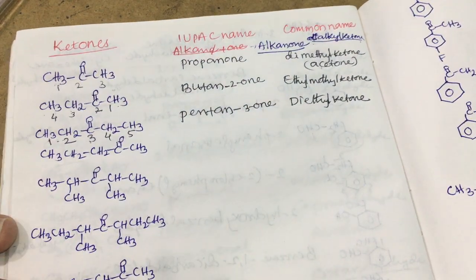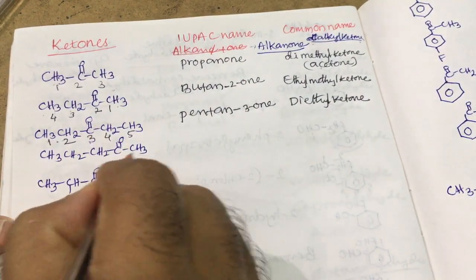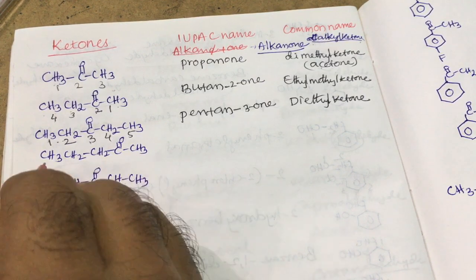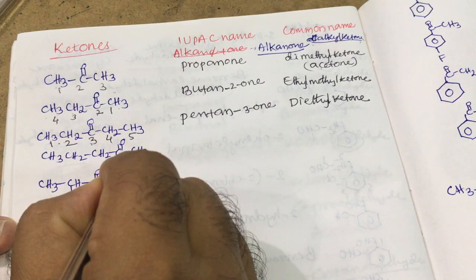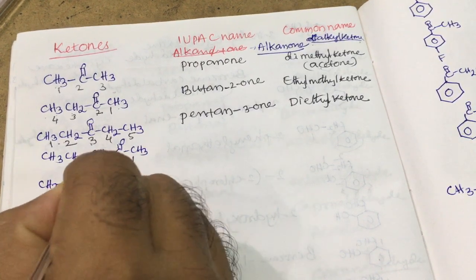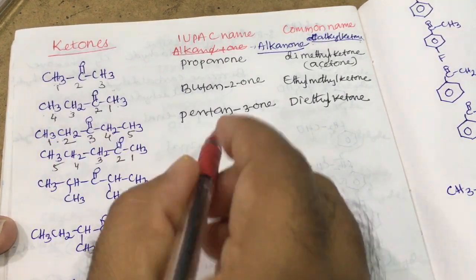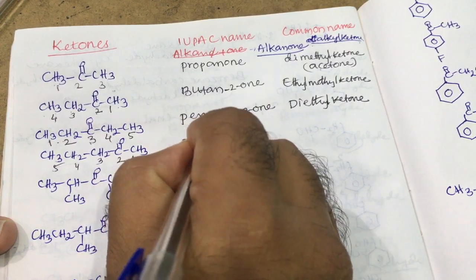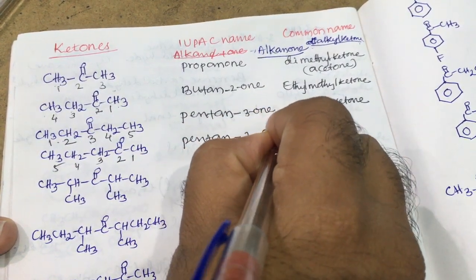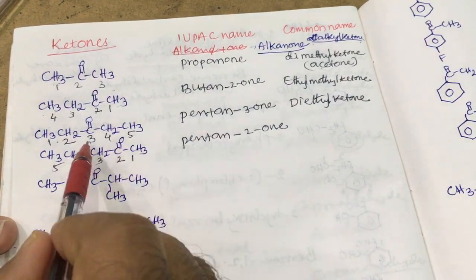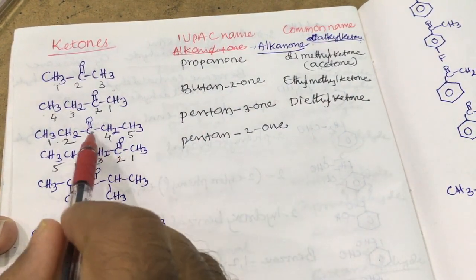Next, one more example. Whether left to right or right to left numbering is correct: this is right to left numbering, because the ketone will get the least number, 1, 2, 3, 4, 5. Total 5 carbons. This is pentane-2-one. The position of the ketone group is changed.